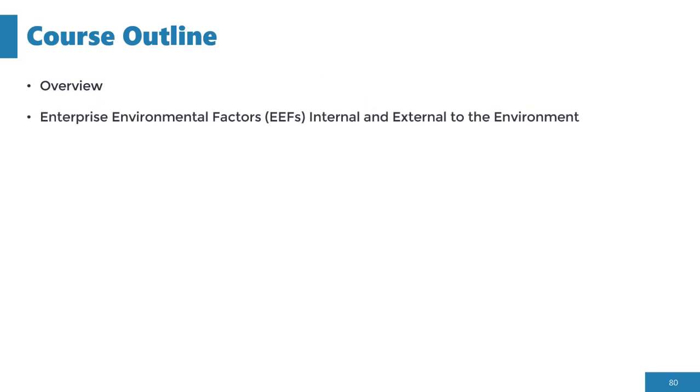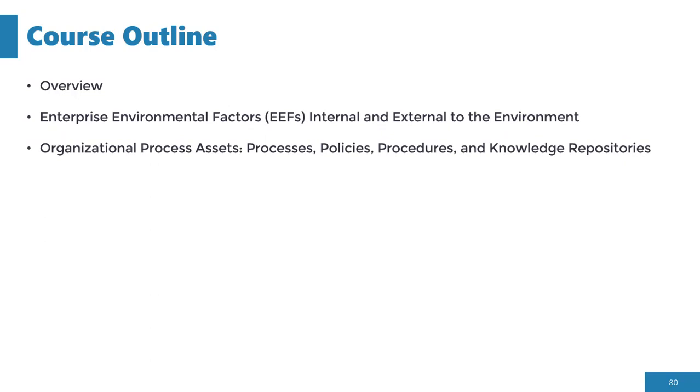Now let's look at the course outline. Having just done the overview, next we'll be looking at enterprise environmental factors, internal and external to the environment, those within the project environment and those outside of the project environment, and how they all influence the project. We'll also be looking at organizational process assets.